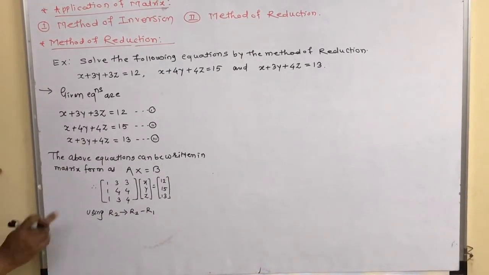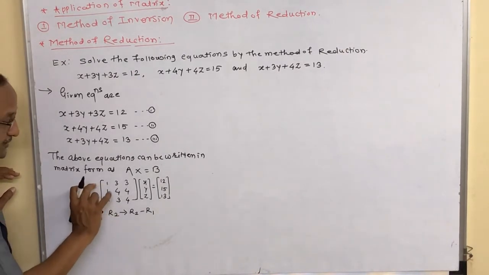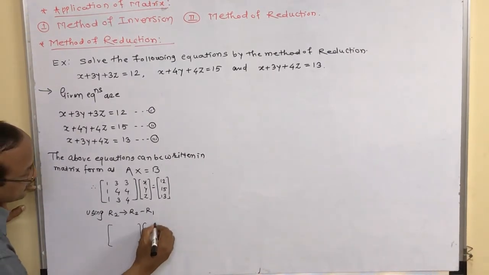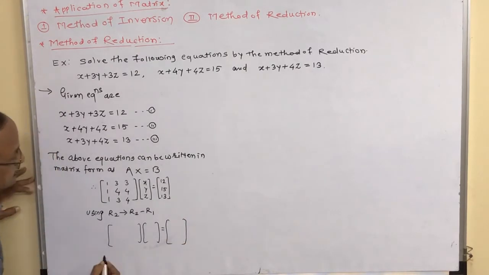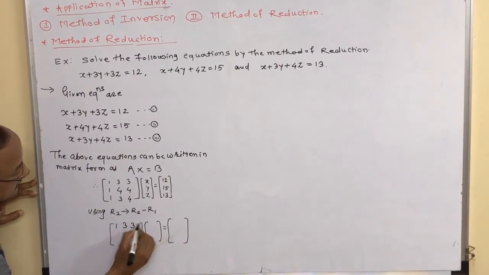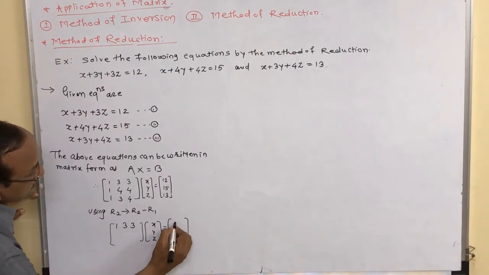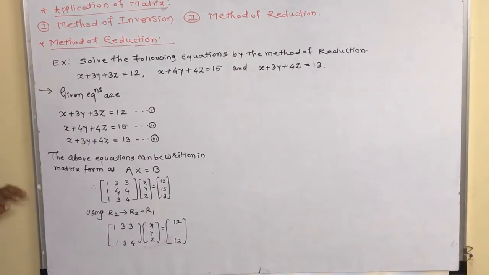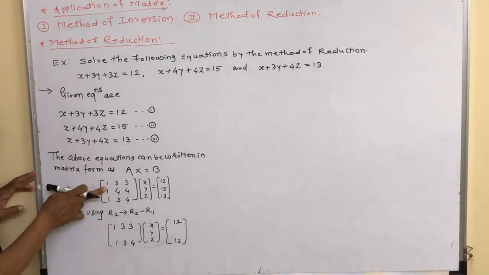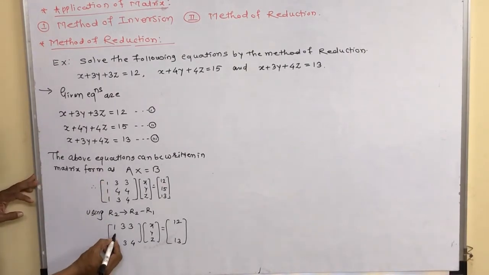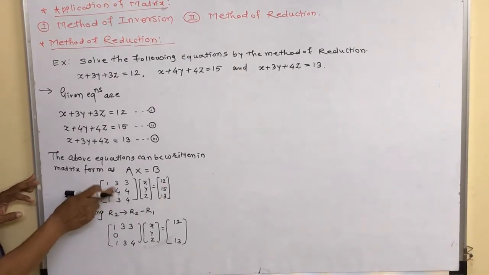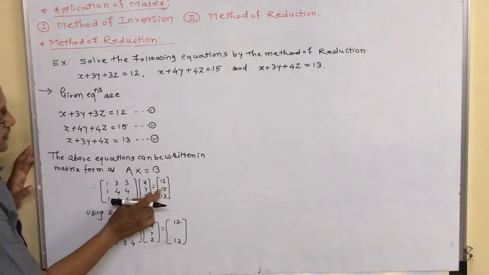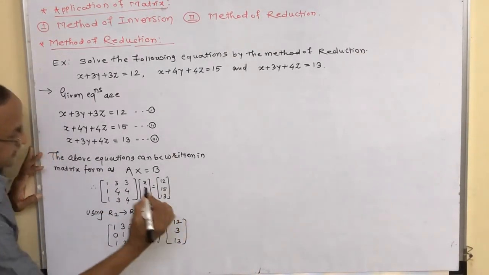The change is only in the second row, so the elements of the first and third rows stay as they are. So the matrix is 1 3 3, 1 3 4 times x y z equals 12, 30. Applying R2 minus R1: 1 minus 1 is 0, 4 minus 3 is 1, 4 minus 3 is 1, and 15 minus 12 is 3.